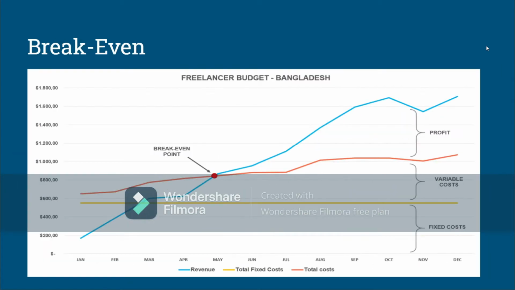And to illustrate this better, we have made graphics here where we have the revenue as the blue line, the red line represents the total cost, and the yellow line is the total fixed cost. As we can see, there's a break-even point in the month of May, and this is where the freelancer starts to make profit. And of course, the higher the distance between the revenue line and the total cost, the more profit the freelancer is making.